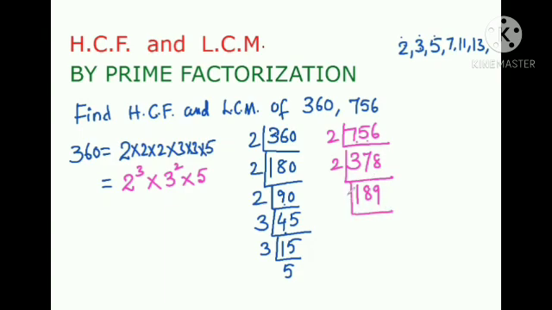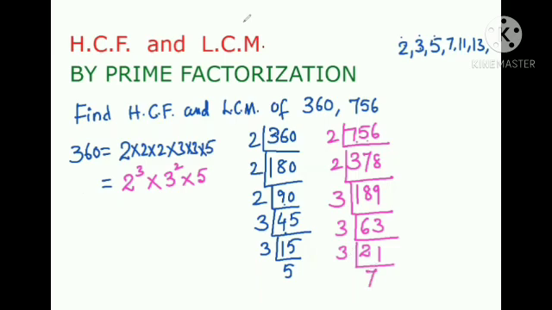Now which table? 3 table. 3 6s are 18, 3 3s are 9. 9 table also divides, but you don't take 9 because it is not a prime number. You have to take only prime numbers. Now 3 table, 3 2s are 6, 3 1s are 3. Now again 3 table, 3 7s are 21.